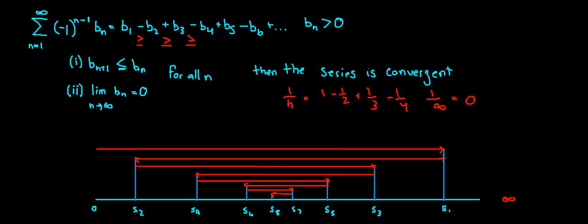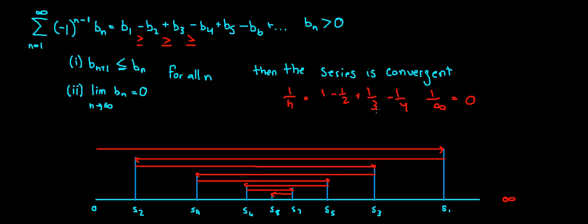Now we subtract the second term, but the second term has to be smaller than the first term. So when this is subtracted, it's not going to go back down to 0, it's going to go down here somewhere. The next term of the series is an addition term, so I will add more to it.